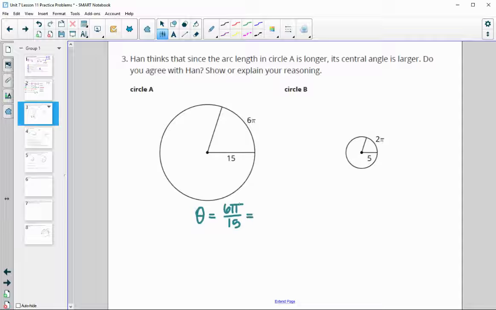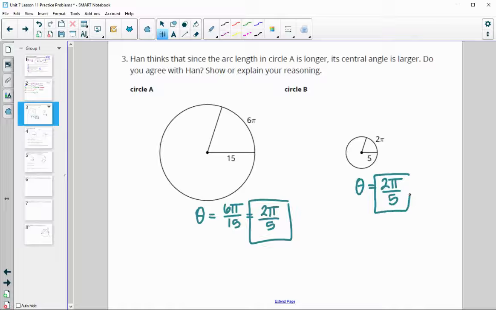So if we look at that here, 6 pi divided by 15 pi, both of those divide by 3. So this would simplify to 2 pi over 5. And if we look at finding the angle measure here, we would again do the arc length 2 pi divided by the radius 5, and we see that they're the same size. So it's just getting proportionately bigger, but the angle is staying the same since the ratio of the arc length to the radius is equal.